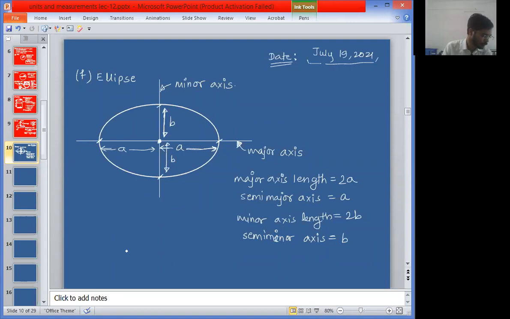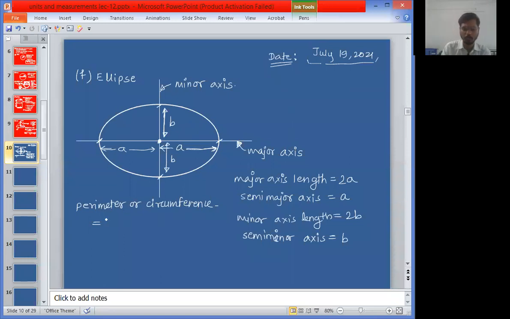Now, what is the value of the circumference or perimeter of the ellipse? Perimeter or circumference of the ellipse, just like the circumference of a circle, is the length of this outer path. The formula we have to remember.